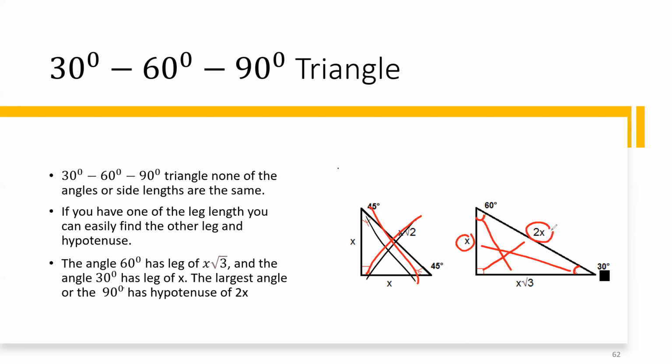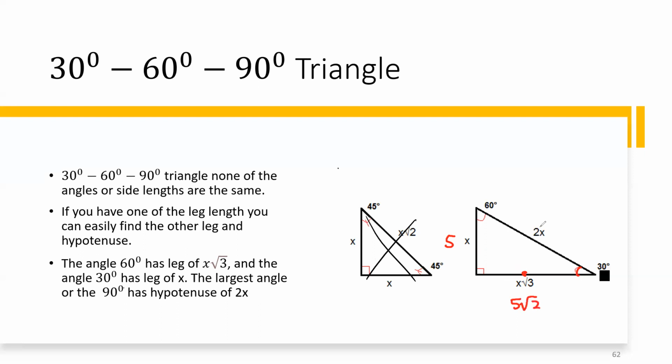So what does that mean? Let's say the smaller leg, opposite the 30-degree angle, had a length of 5. Could you find the rest? Yes, you can, right? What would this leg be? According to the rule, it's x times radical 3. In our case, x is 5, so it'd be 5 radical 3.